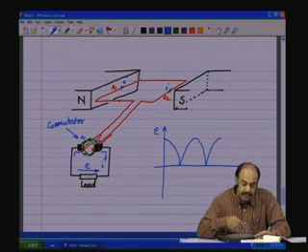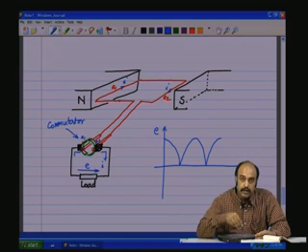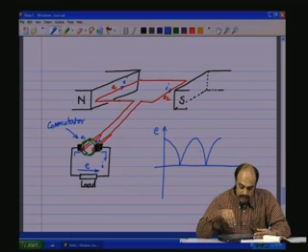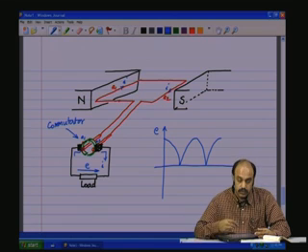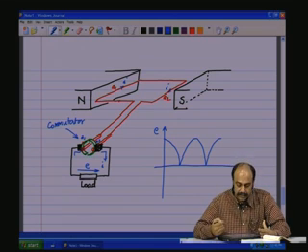And therefore this machine with the commutator, even though the current through the coil is in both directions, that is AC, because of the external commutator, the voltage across the external load is unidirectional, the current through it is also unidirectional, and therefore this can be considered as a DC generator.